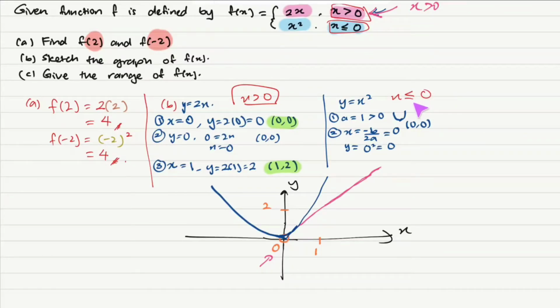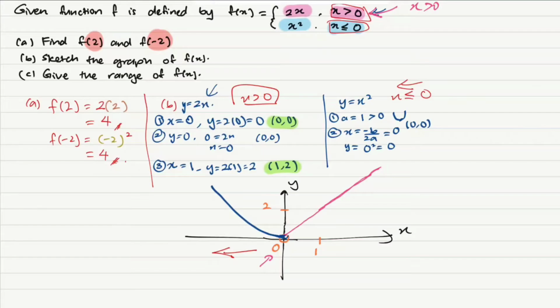So this means that the graph only exists to the left of 0. This is the left of 0. So what happens to the graph on the right side of 0? Well, we have to delete that graph, because on the right side of 0, the only graph that exists is just this linear function.